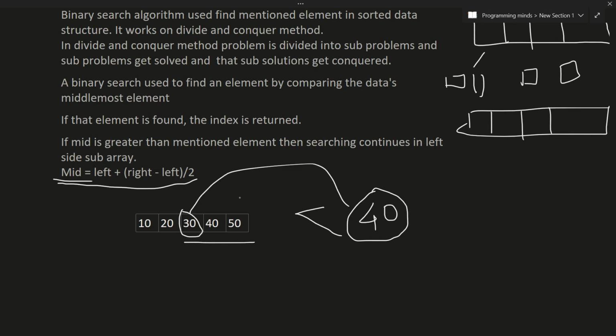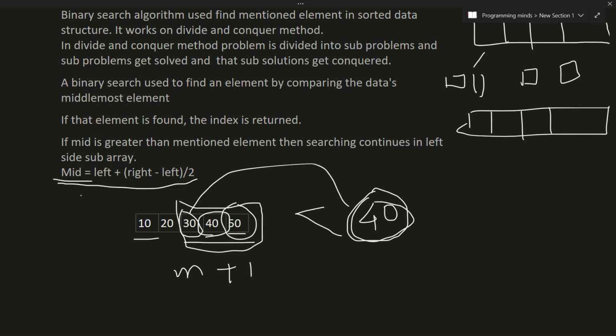Okay, so we will again calculate the mid in this sub array. In the big case our left will be 10 and right will be 50, and when we compare the middlemost element with our element, then our left will become mid plus 1, so left will be 40 and right will be 50.